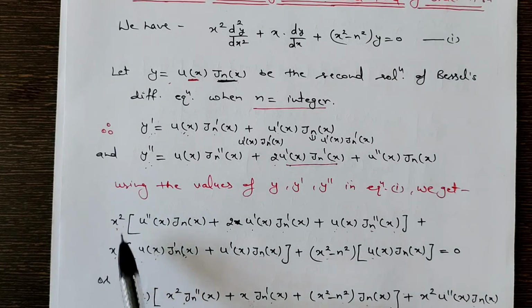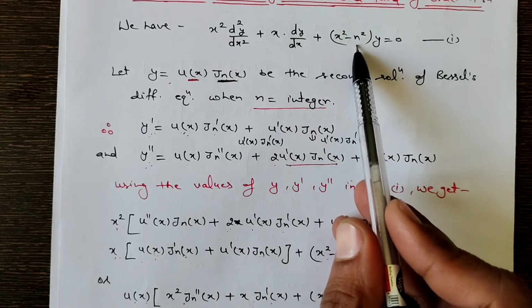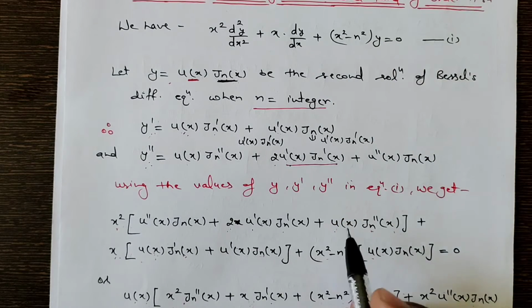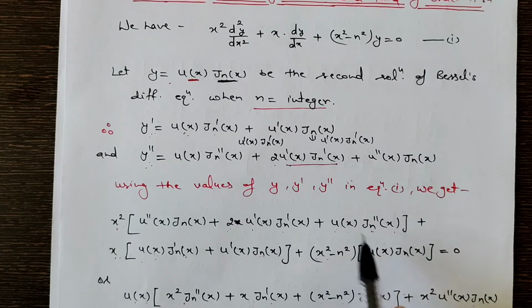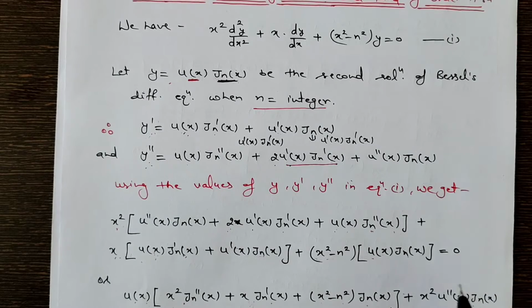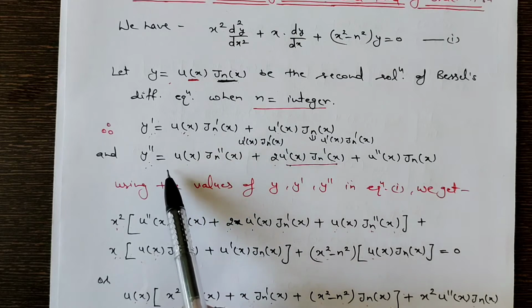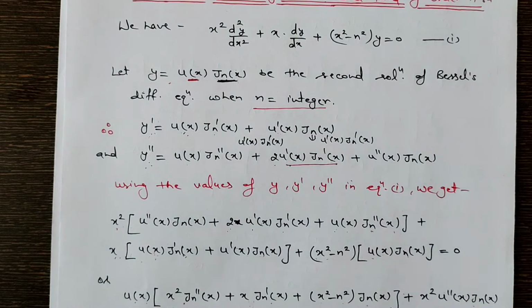So plus x into the value of dy by dx, which is ux into J prime x plus u prime x into Jnx, the next term is x square minus n square into y equals to 0. So plus x square minus n square into y, and y is nothing but ux into Jnx, equals to 0. So that will be the equation after putting the value of y prime and y double prime in the Bessel differential equation.